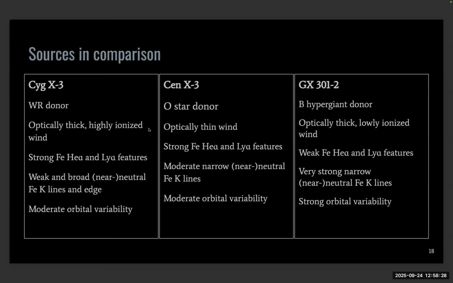But yeah, I don't have one definitive answer other than it's basically the wind in Cyg X-3 is much more ionized, and that's basically typically a combination of your density and your radiation field.